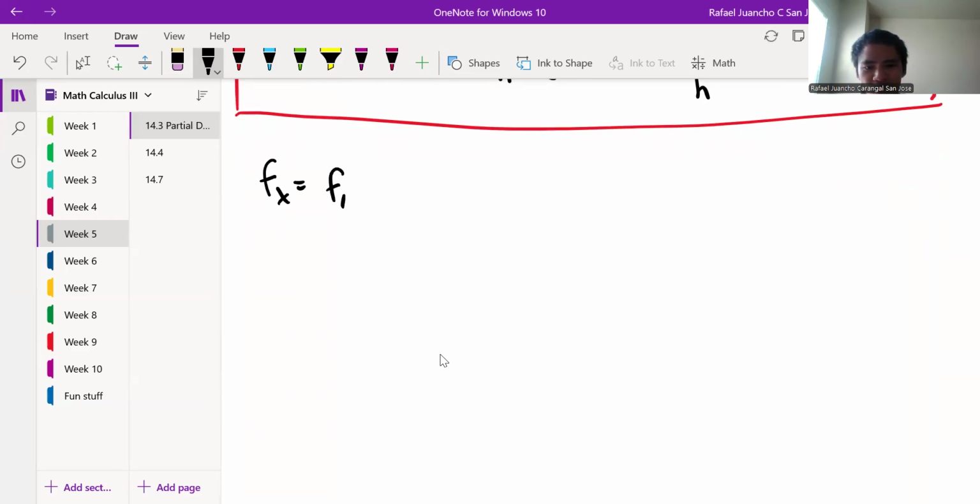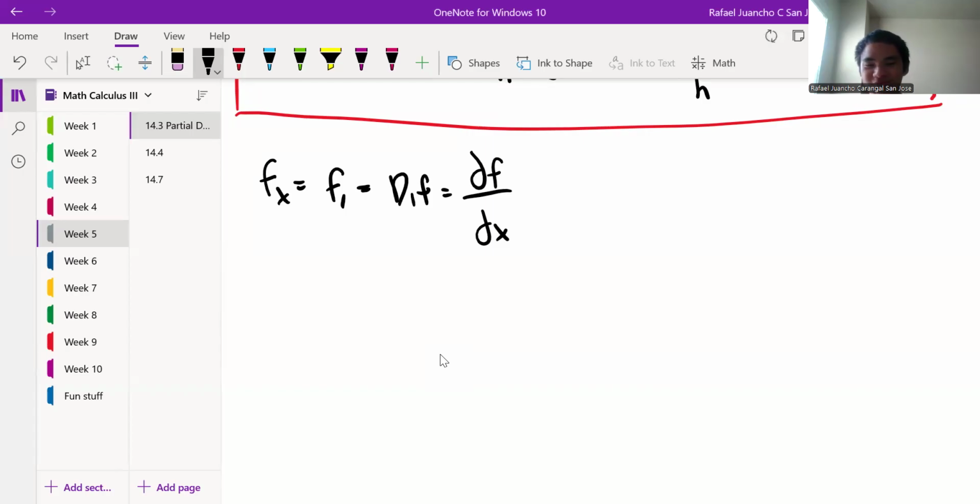Or we could even do D sub 1 f, just to indicate differentiation with respect to the first variable. Or we could write it like this weird looking d. But they cannot be interpreted as a ratio of differentials. So that's the only caveat there.